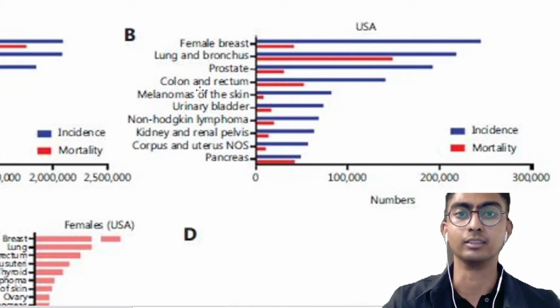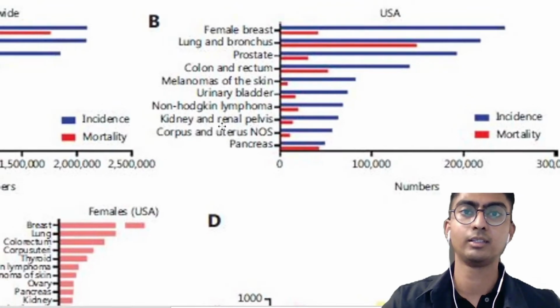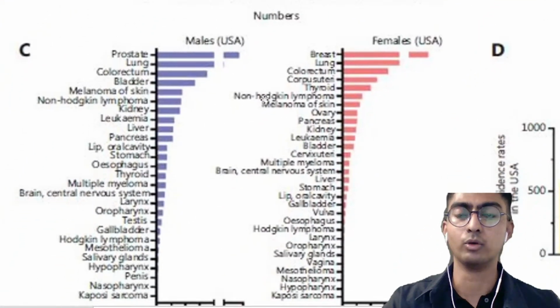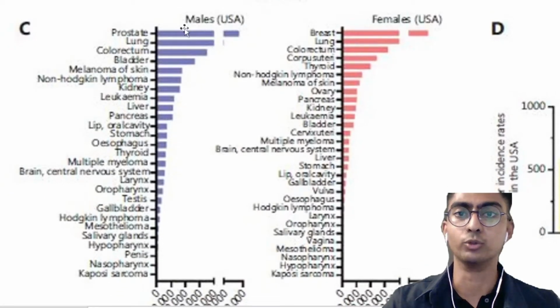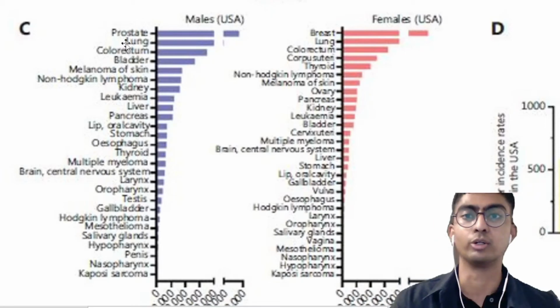Next one is localized in the US, as in the most common cancers and also their mortality, and it's very similar to what happens in the world. This is a more informative chart where it shows only cancers between males and females. What is the most common one? For males, the most common one is prostate cancer.